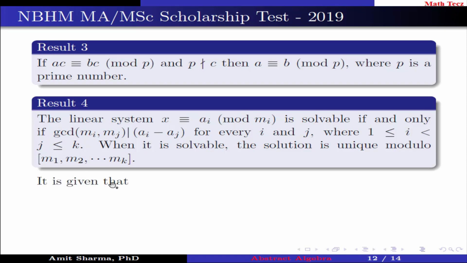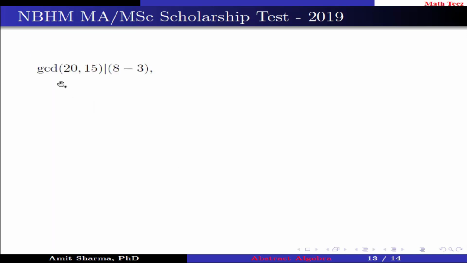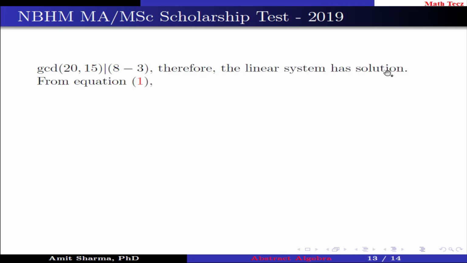It is given that x is congruent to 8 mod 20 and x is congruent to 3 mod 15. GCD of 20, 15 divides 8 minus 3. Therefore, the linear system has a solution. From equation 1, we have x equal to 8 plus 20t with t being arbitrary.